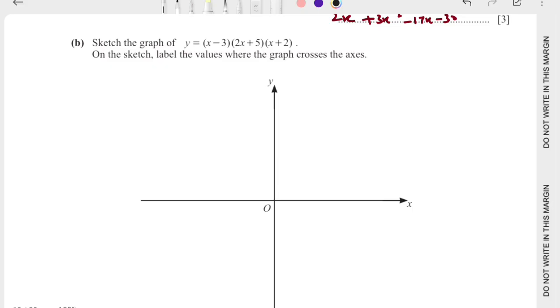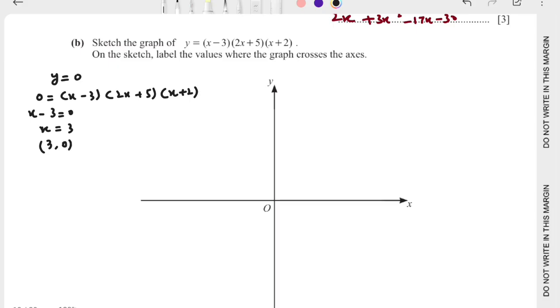To find the x-intercepts, we put y equal to 0. So 0 = (x − 3)(2x + 5)(x + 2). x − 3 = 0, x = 3. So the coordinates would be (3, 0).